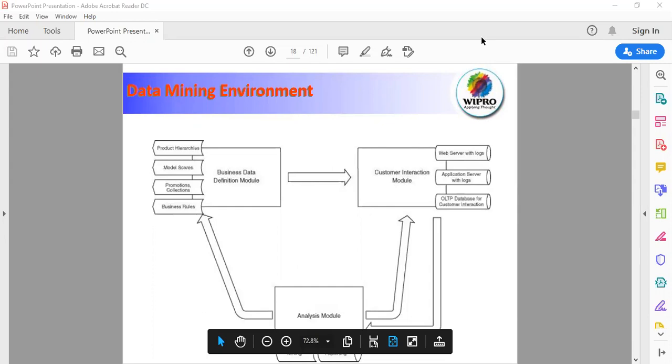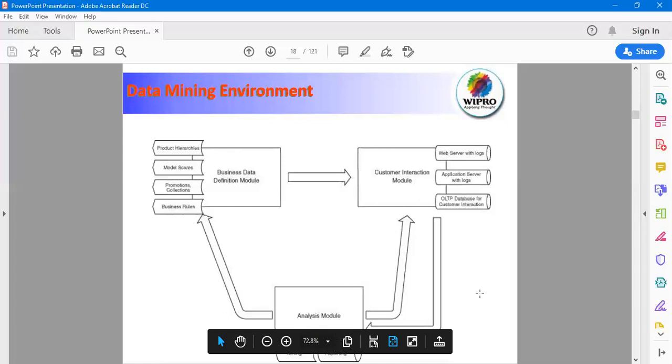Basically the database designer, or the data mining designer, or the machine learning expert is responsible to analyze the analysis module through OLAP and OLTP transactions and develop a DSS, a decision support system.